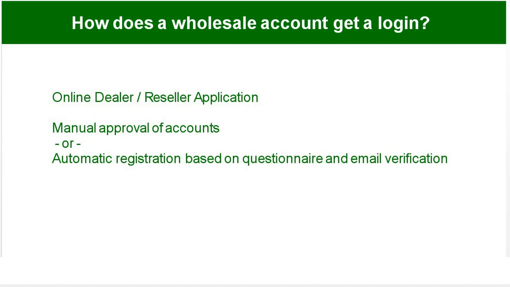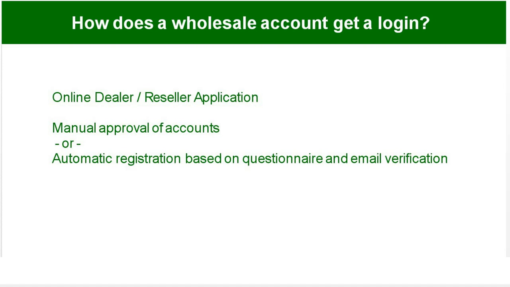So you could have your typical dealer or reseller application. You could also put this application online, which is what we typically do in the software, so that somebody fills it out online.